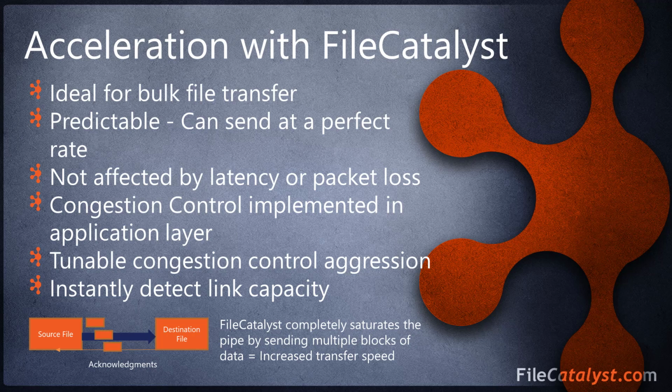We also let users adjust the aggression of the congestion control, and our solutions can also instantly detect link capacity, so it can maximize it. The bottom slide here shows how our file transfer technology allows you to send more packets of a larger size, which helps go even faster than TCP, and you're not waiting for acknowledgements and that sequence that has to happen with the TCP protocol.